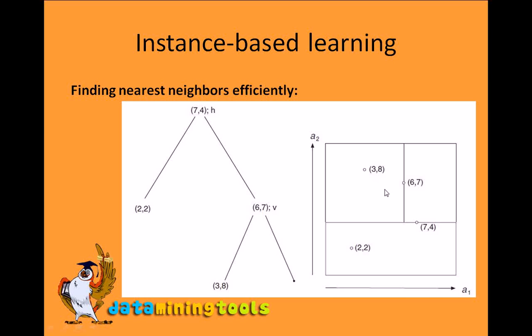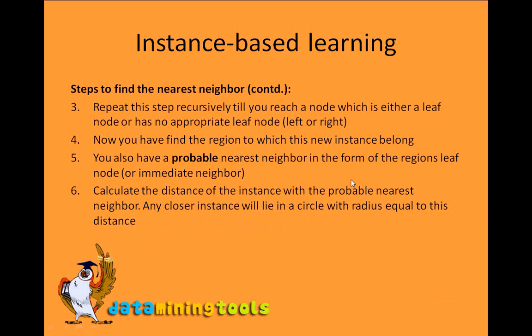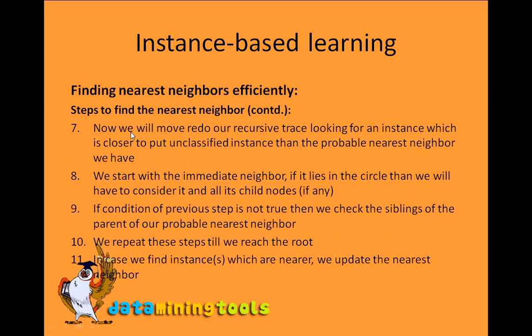So with this as center, we construct a circle with this radius, and if this is not our absolute nearest neighbor, then whatever the absolute nearest neighbor is, it will belong in this circle, within this distance.